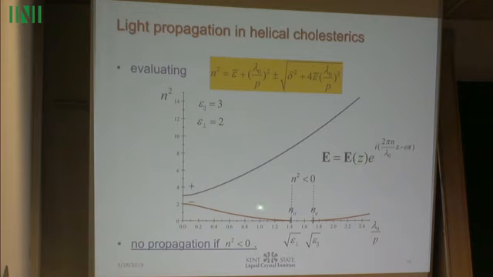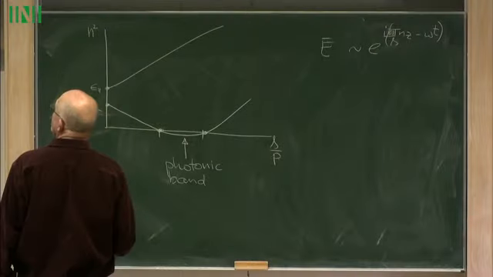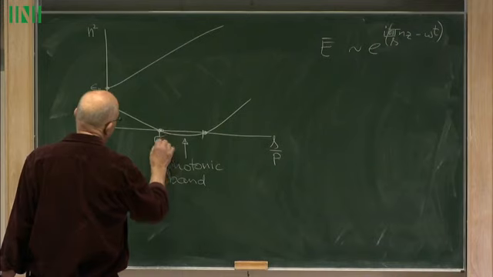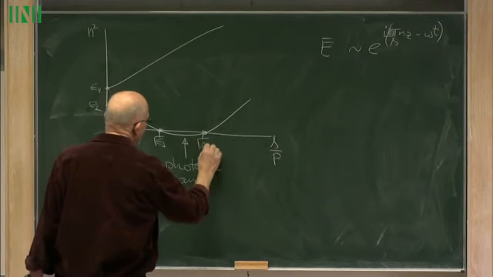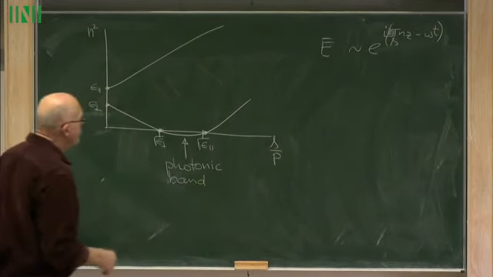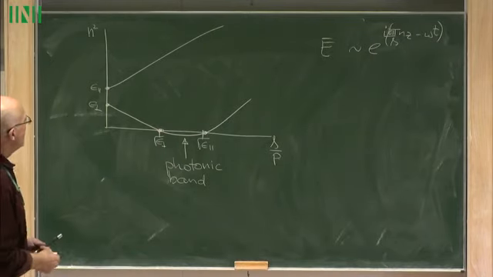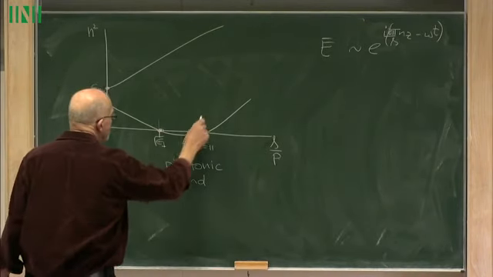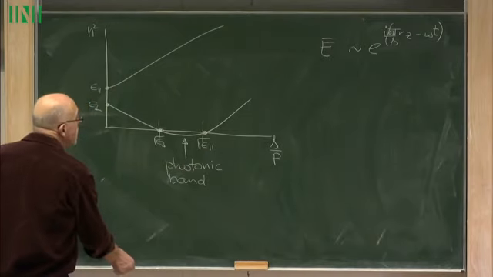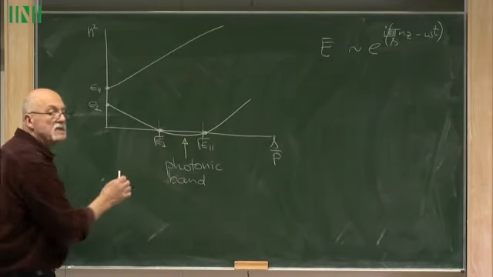But we have this range in between here where we can solve exactly where this goes to 0, and this ratio of lambda over p is equal to epsilon perpendicular and epsilon parallel here. And in this whole region, there's no light propagation in the sample at all.